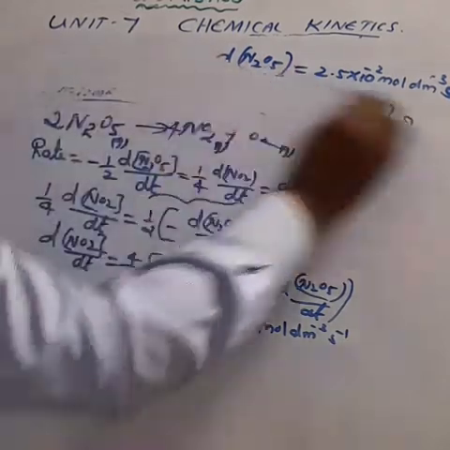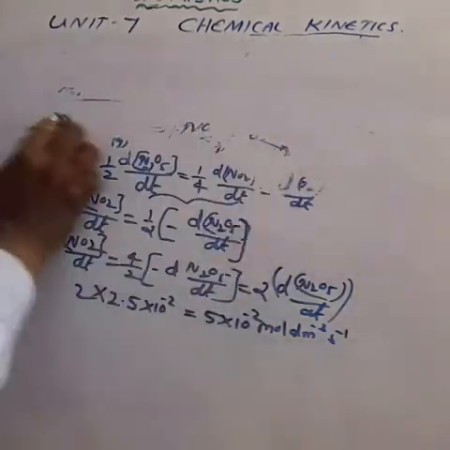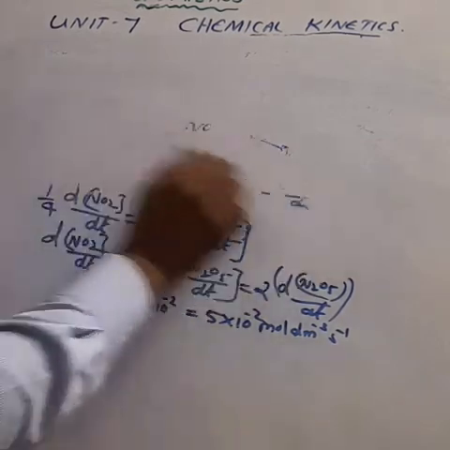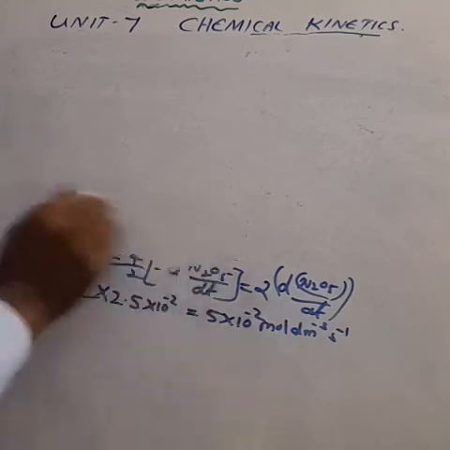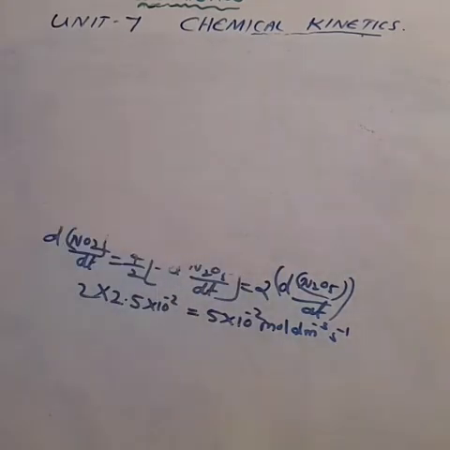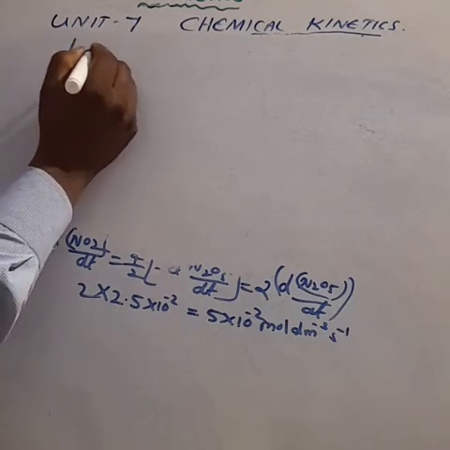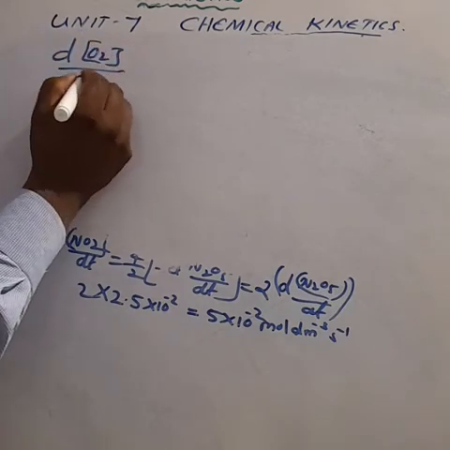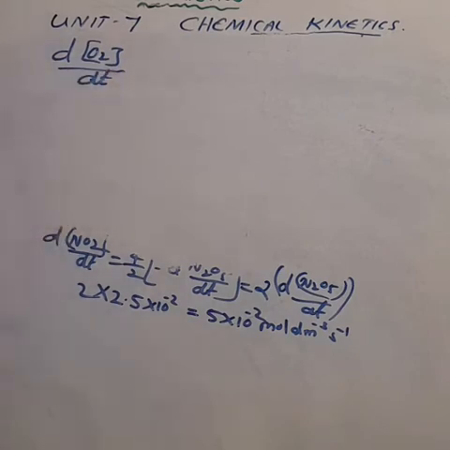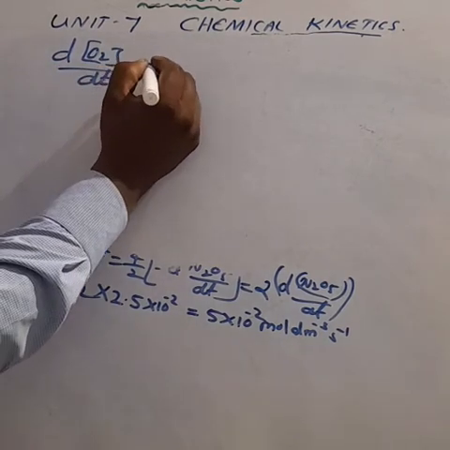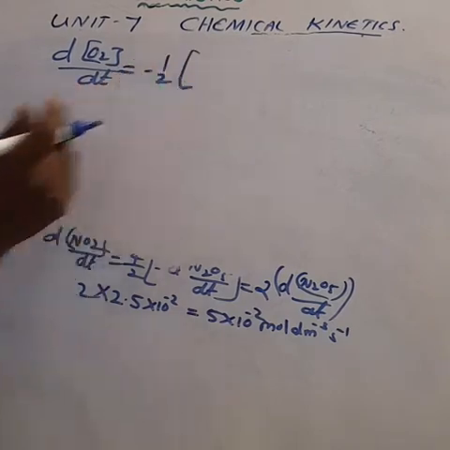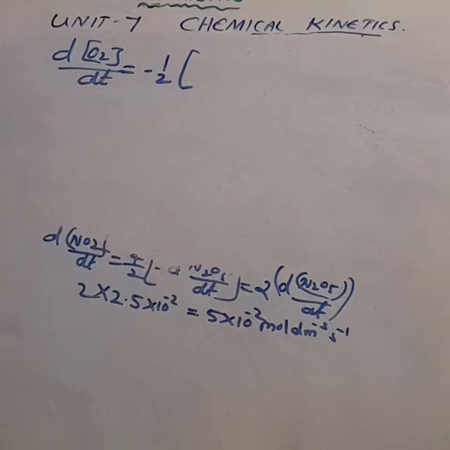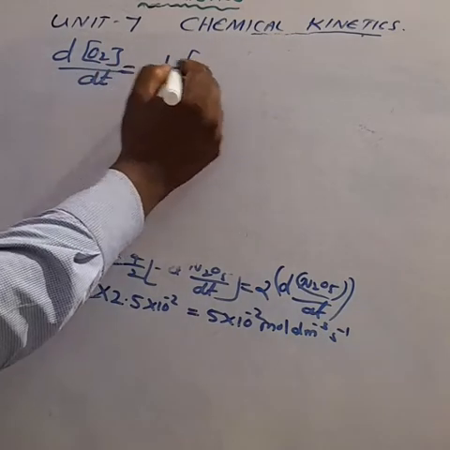Next, the second, we have to find O2 also. So next comparison, compare the second product with the reactant. d of concentration of O2 by dt is equal to half into minus of d concentration of N2O5 divided by dt.